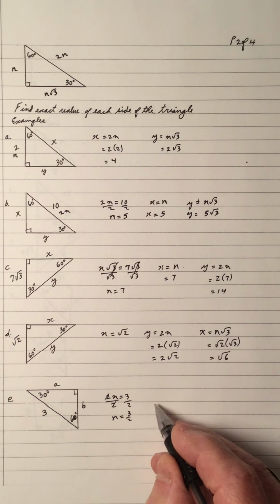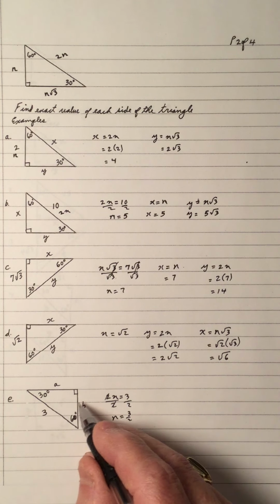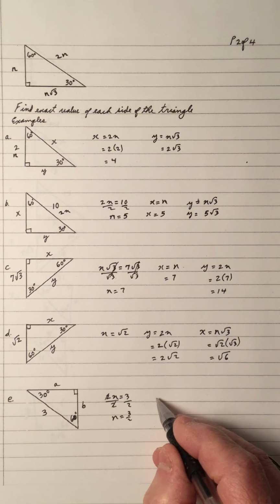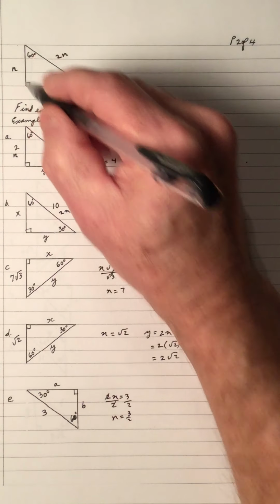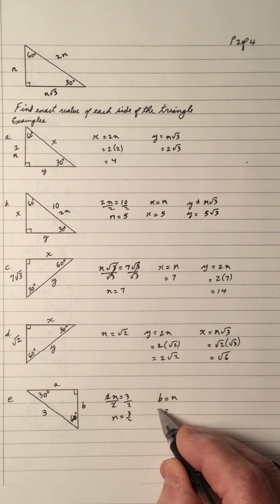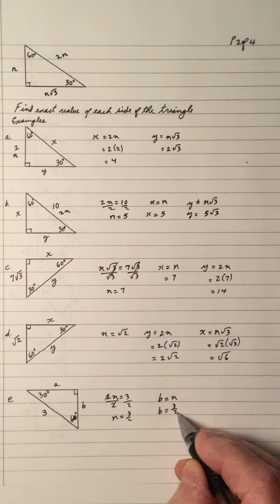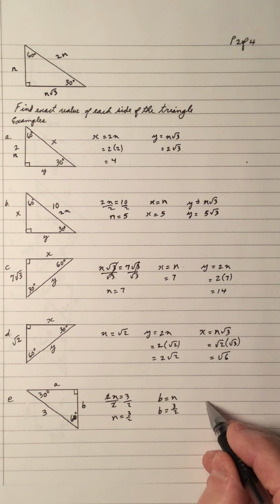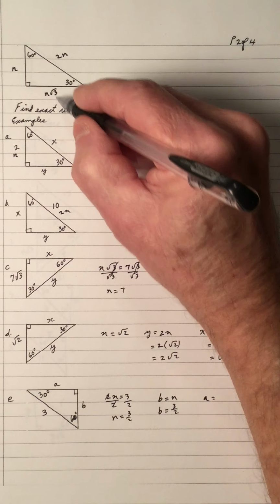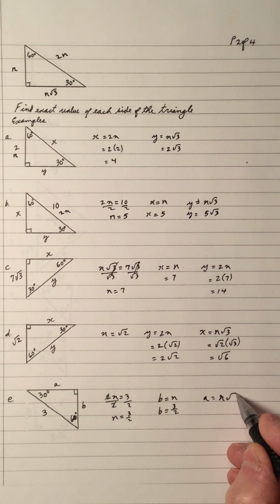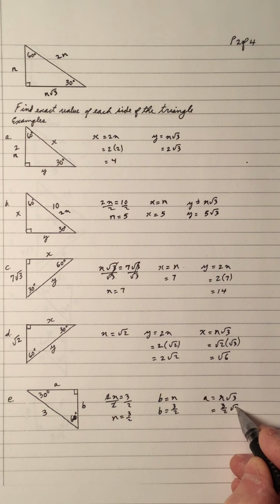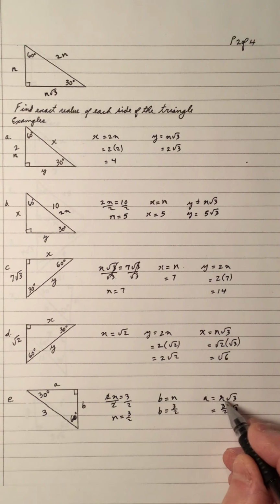Now, opposite of 30 is B, and opposite of 30 is n, so B is equal to n. That means B is 3 over 2. And A is opposite to 60. Opposite to 60 is n root 3, so A is 3 over 2 root 3. That's a multiplication.